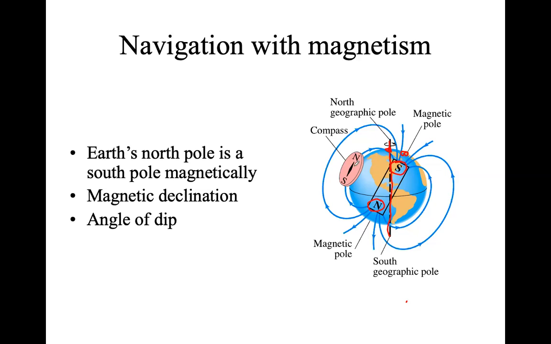Another thing you'll see is while at the equator, the magnetic field is pretty much perpendicular. I'm sorry, the magnetic field is parallel to the surface of the Earth, perpendicular to the normal to the Earth. As you move into higher latitudes, like right here, if you look, the magnetic field is not parallel to the Earth's surface.